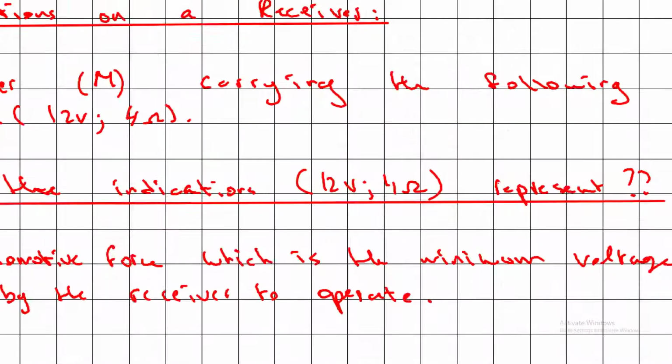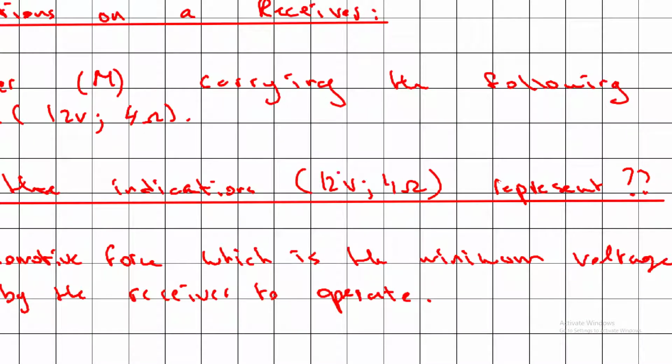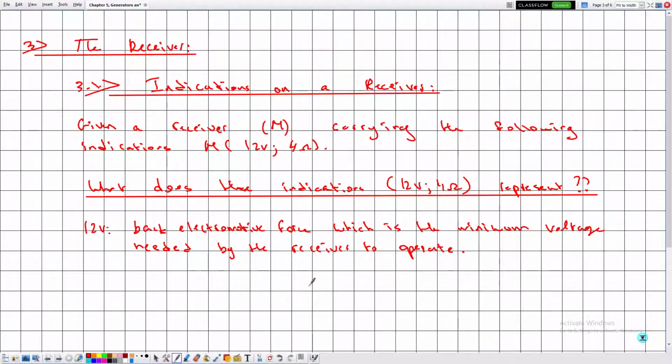So in order for this motor to start to operate, 12 volts is the amount of voltage needed for the motor to start to operate, not to function normally. Okay.